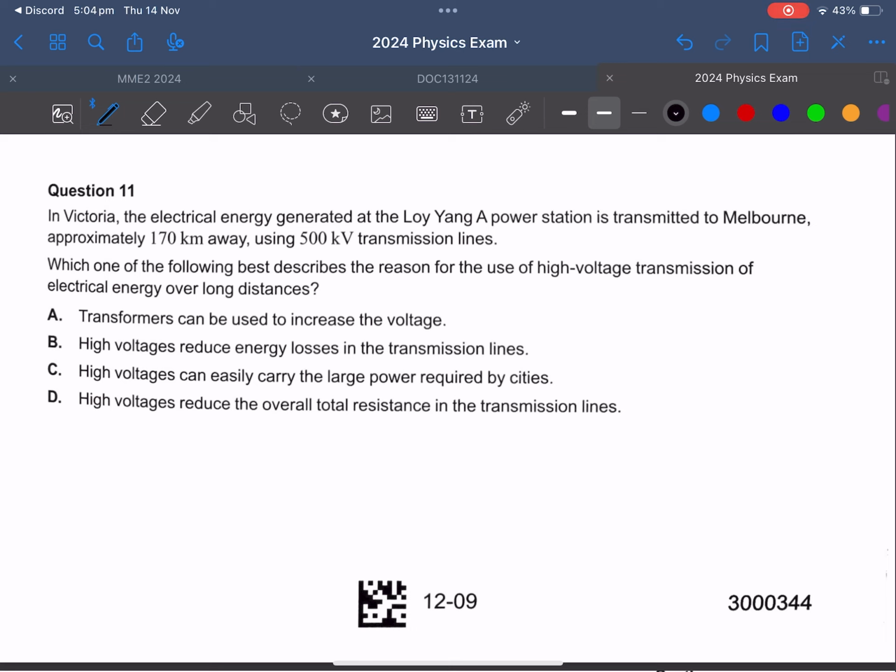The question is asking for the reason for the use of high voltage transmission lines, not the transformers, although it's related. High voltage reduces energy loss in the transmission lines. Yup. High voltage can easily carry large power required by cities. Yes. High voltage can reduce the overall total resistance in the transmission line.